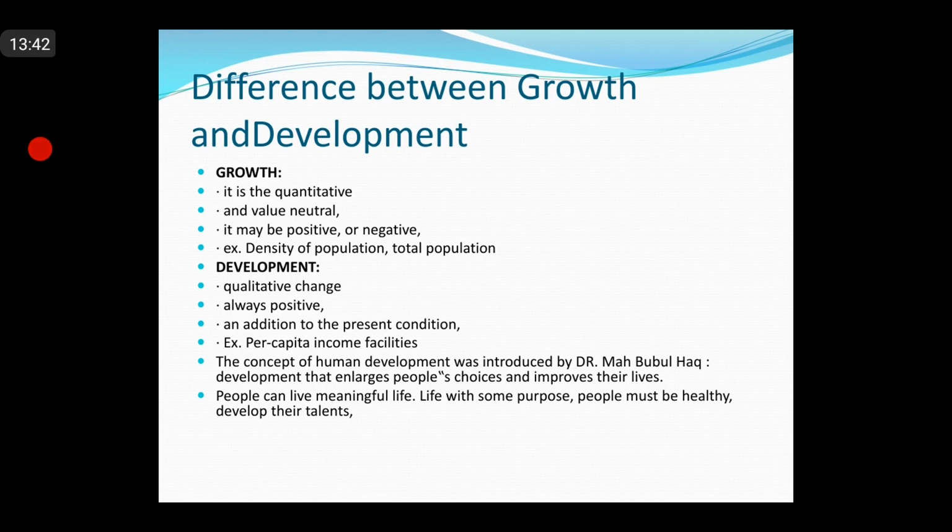So only a long life is not enough. Life should be healthy too. There should be some aims of life, and people should get enough opportunities to develop their skills. How will they get opportunities? Only when there is freedom and choice in their hand can they get enough opportunity to develop their skills. They should be free to pursue their aims in life.